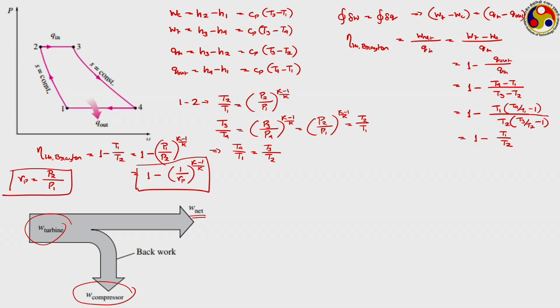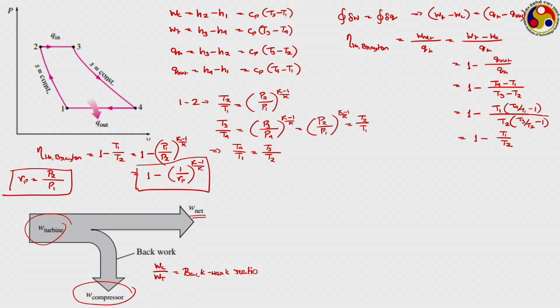And the ratio of the compressor work to the turbine work is called the back work ratio. Quite often this back work ratio can be significant in the case of gas turbines, as I have mentioned.